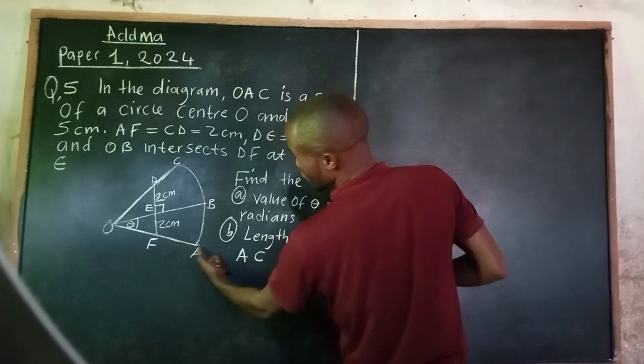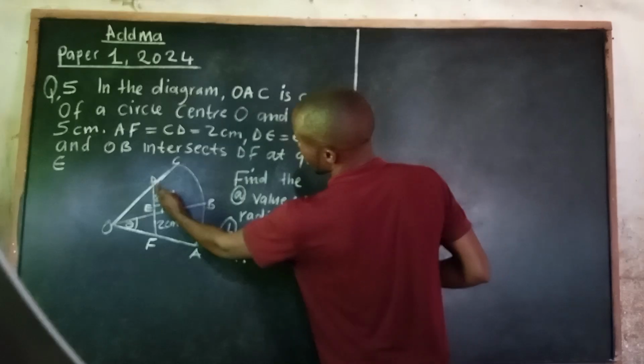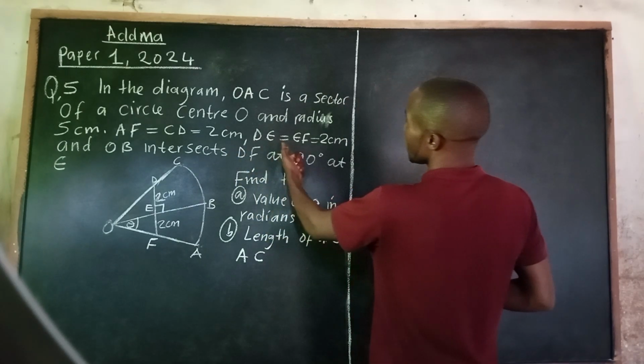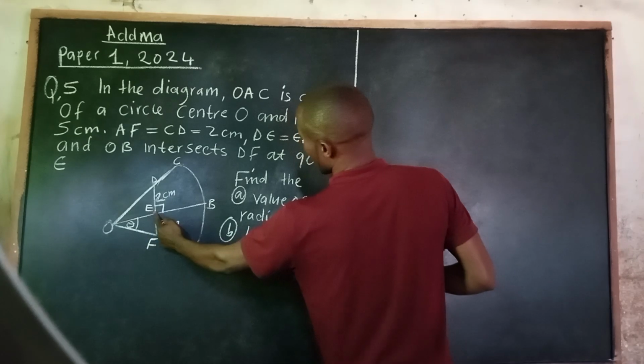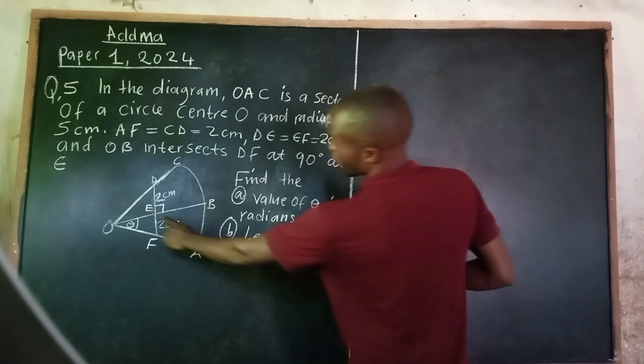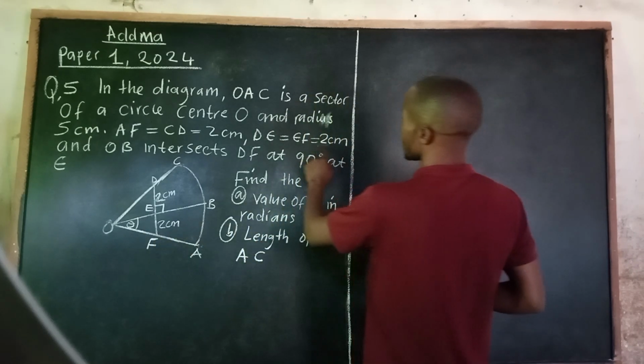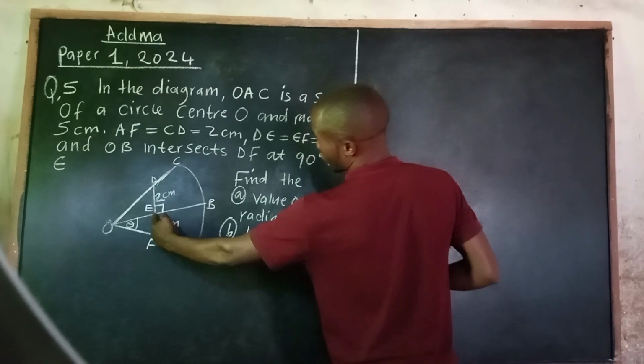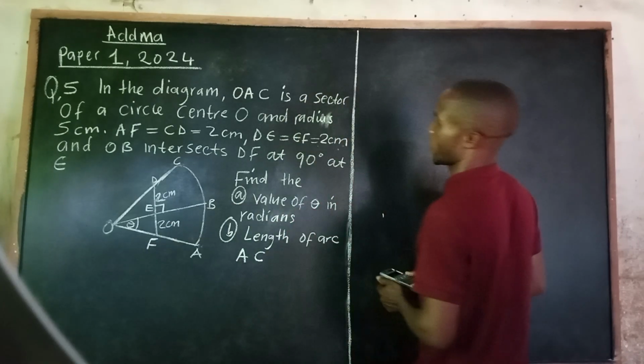So from here up to here is 2 centimeters, then from here up to there is also 2 centimeters. Then DE is equal to EF, which is also 2 centimeters. From here up to here, 2 centimeters, from here up to there, 2 centimeters.